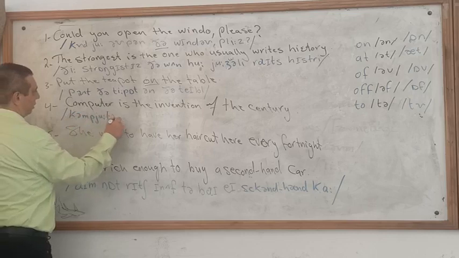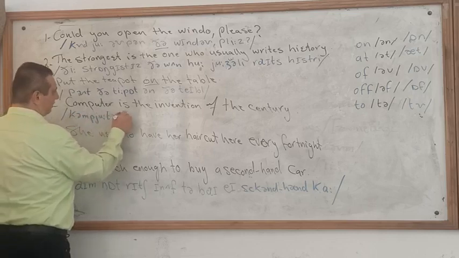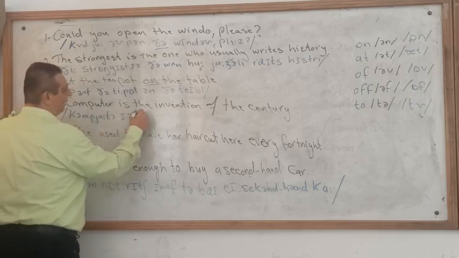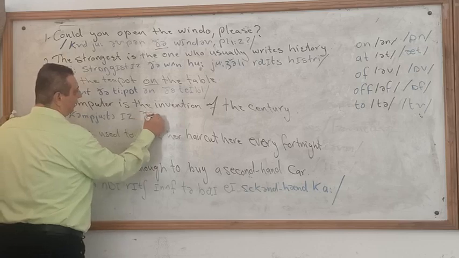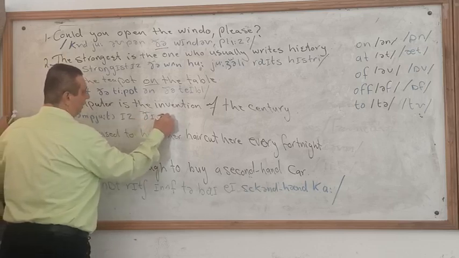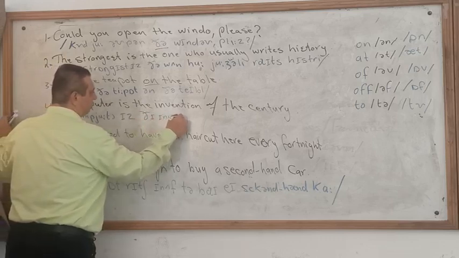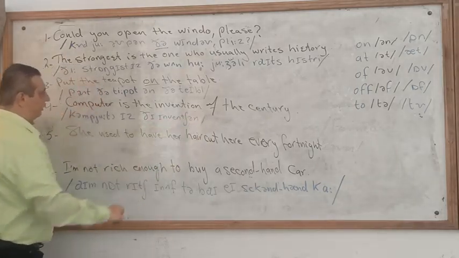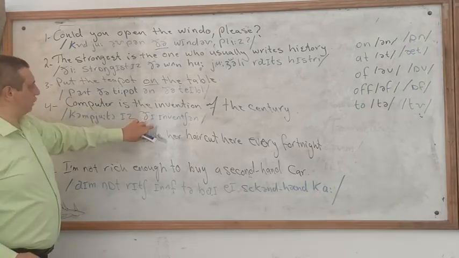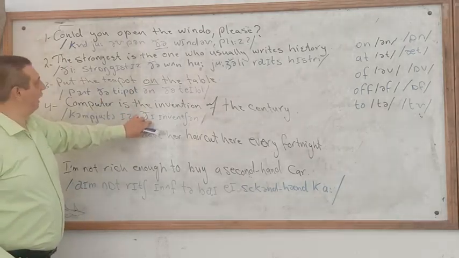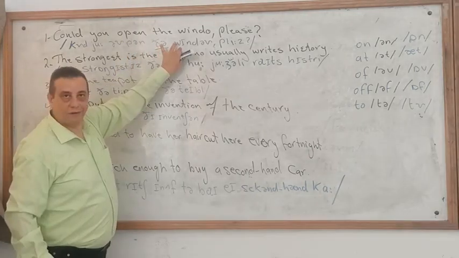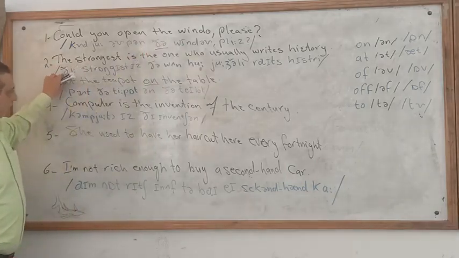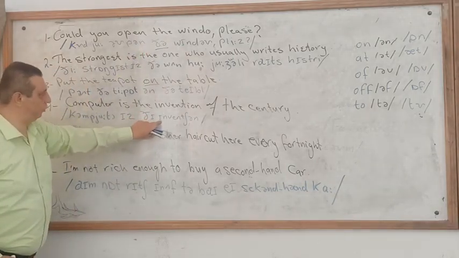Computer is the invention of. So here we use the three forms of the. The window, the strongest, the invention. Why?